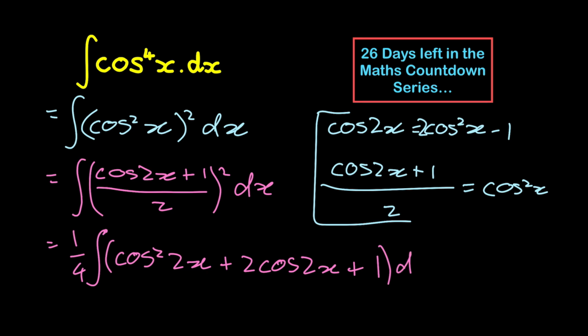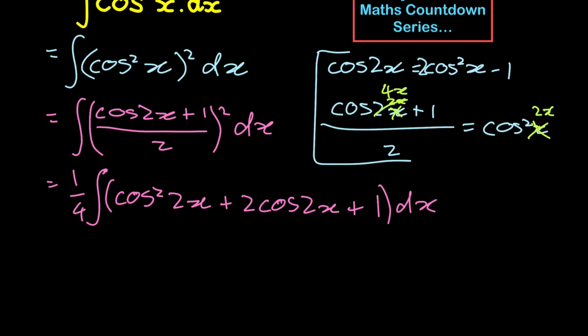But now you'll notice that we have another square over here, which may seem problematic, but it's not, and I'll show you why. We had this identity initially with cosine squared of x, but now we have cosine squared of 2x. So every time we see an x now, we're going to replace it with 2x. We also have to do that over here. So we replace that x with 2x, and 2 times 2x becomes 4x.